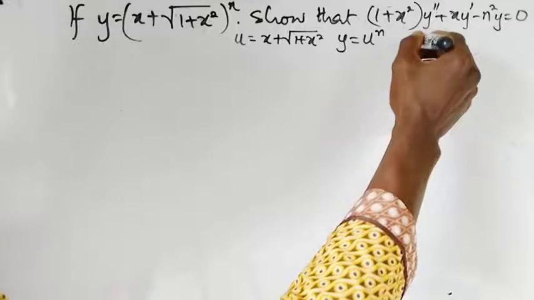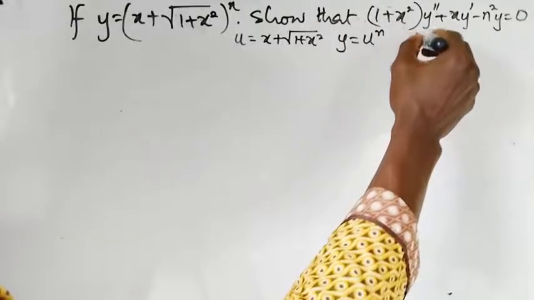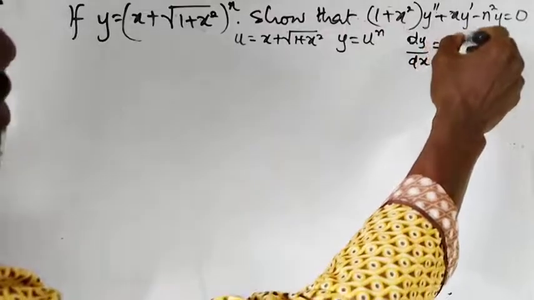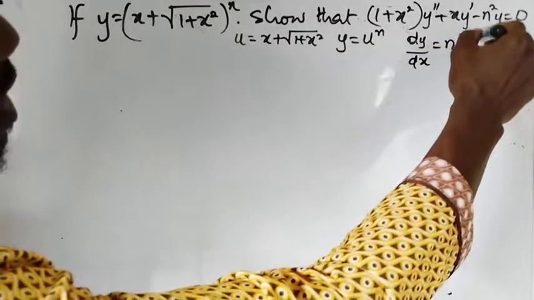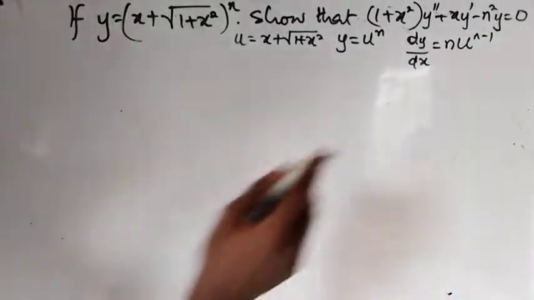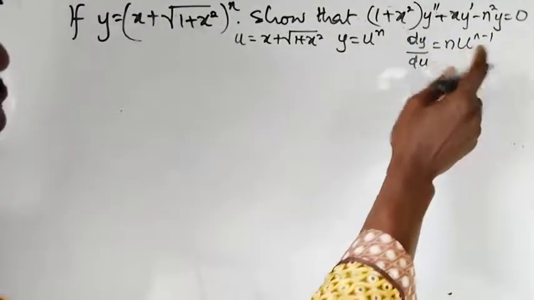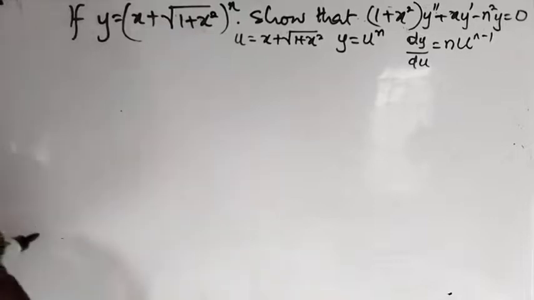Here we can see that dy over dx will give us n uⁿ⁻¹. Sorry, this is dy/du, because it's actually with reference to u.